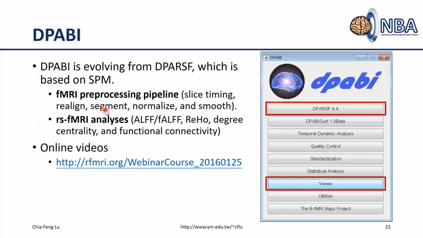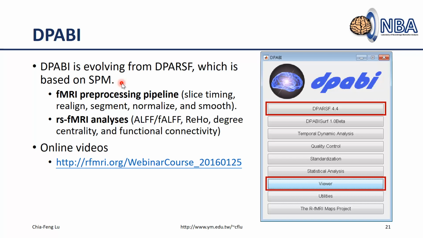So you can see this is a brief introduction of DPABI. DPABI evolved from DPARSF, which is the original toolbox published in 2010, and they are all based on SPM. So if you want to use the DPABI or DPARSF toolbox, first of all, you need to download SPM.